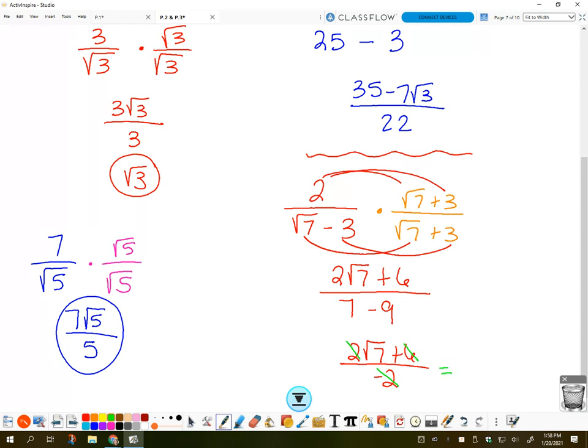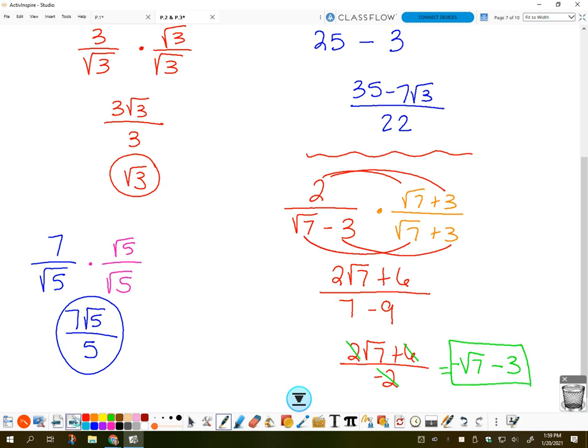So if you'll divide all of them by 2, this is a 1, so you have 1 root 7. You don't have to put the 1 in front of the square root of 7. You divide this by 2, you get 3. Since the bottom was negative, I'm going to go ahead and divide these both by negative 2. So this would be negative 1 root 7. This would be negative 3. And when you divide negative 2 by negative 2, you get 1. So this is like over 1, or leave it be.